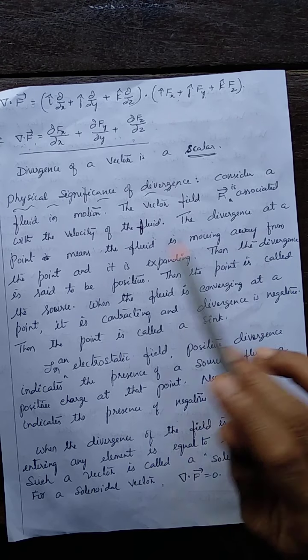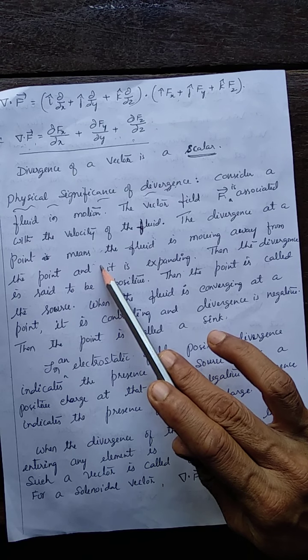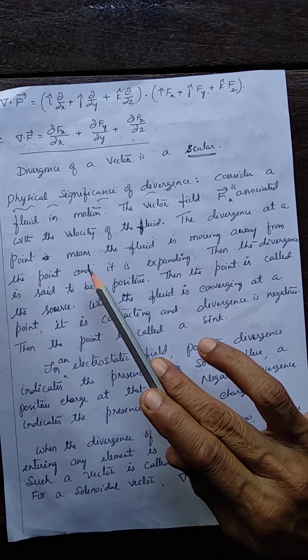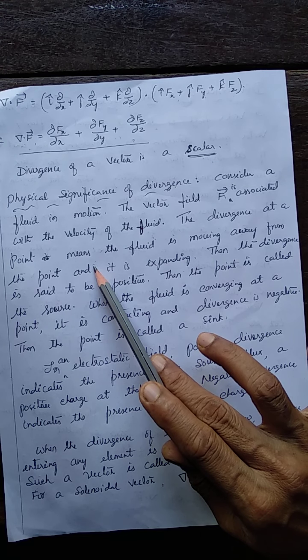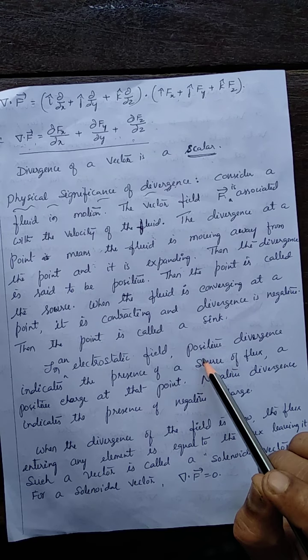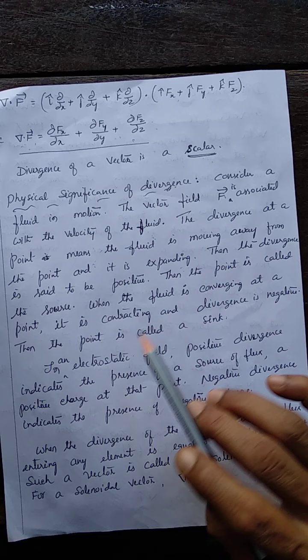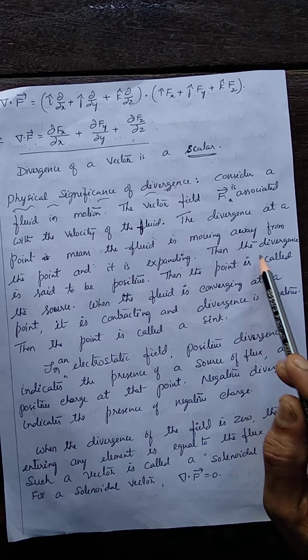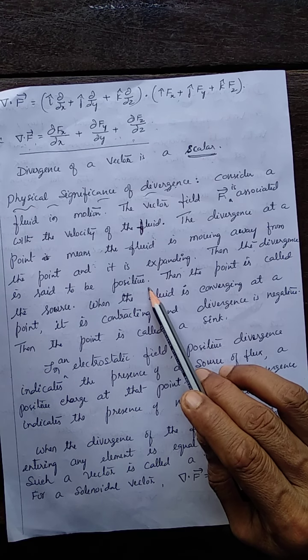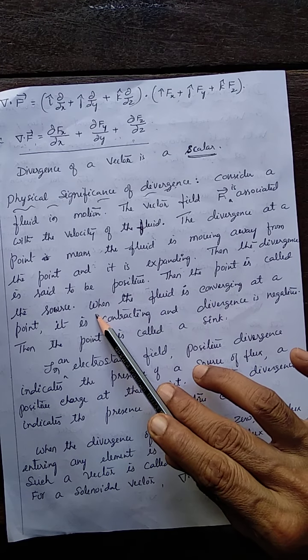Then the divergence of this velocity field at a point means the fluid moving away from the point; it is expanding. In that case, the divergence is said to be positive, and the point is called the source.